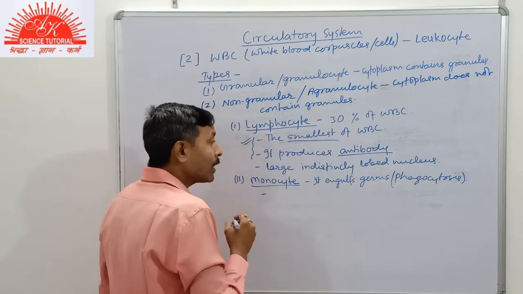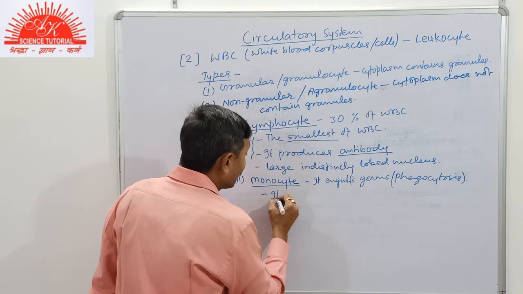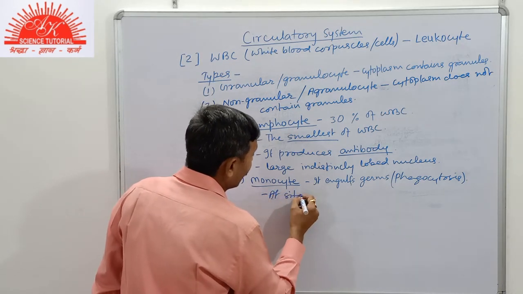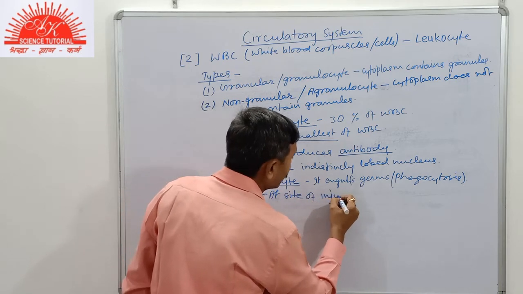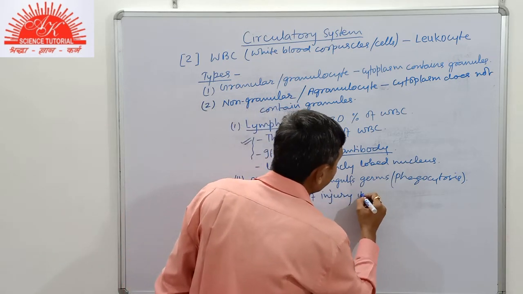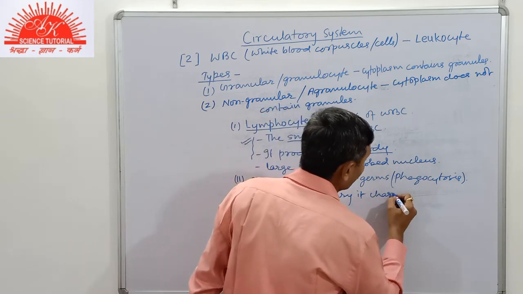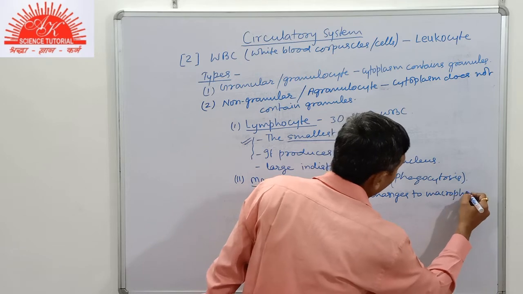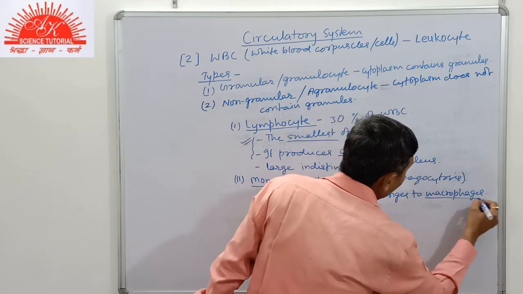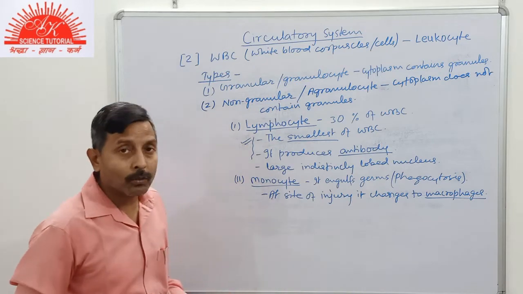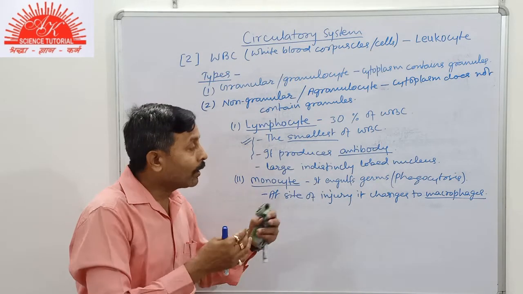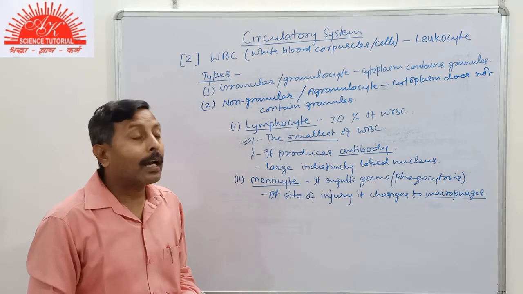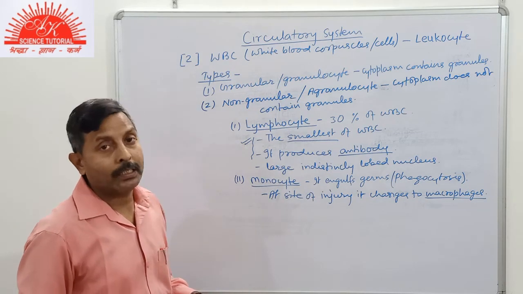And the most important thing is that at the site of injury, it changes to macrophages. Macro means large, phages refers to phagocytosis, that is, it changes to large sized cells in order to engulf the germs and foreign substances more easily.